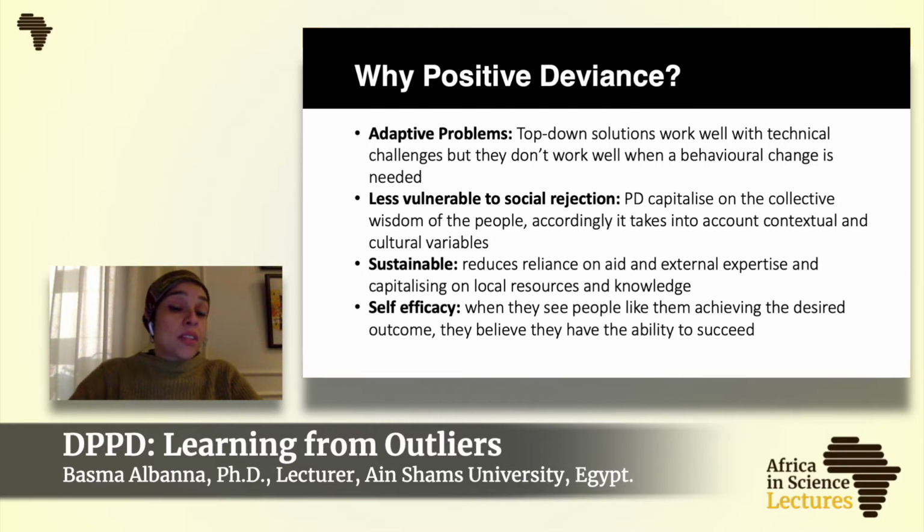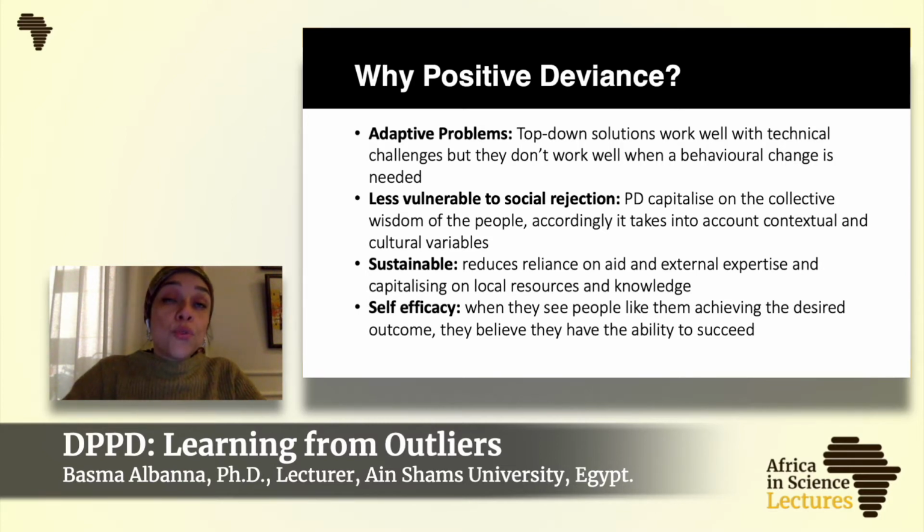Because positive deviance capitalizes on the collective wisdom of the people, it is context and culture aware. This makes it less vulnerable to social rejection, which is another very important point.